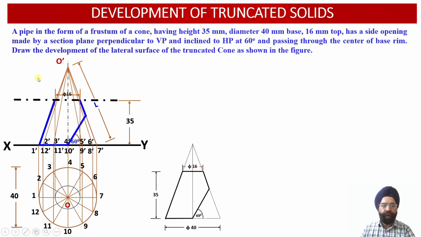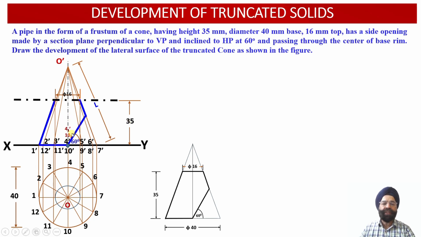This portion of the solid was already cut because it was the frustum of the cone. This portion of the solid has been removed because it has been intersected by an auxiliary inclined plane, or it has been removed to provide the opening into this pipe. So now we have been able to obtain the front view projections of this truncated solid.